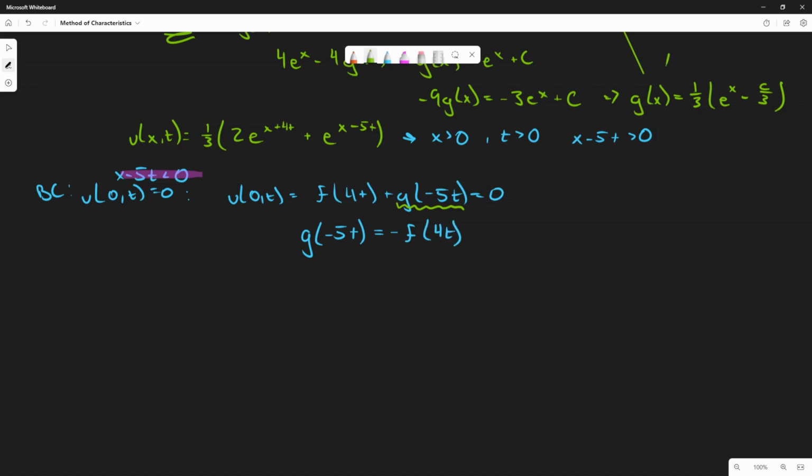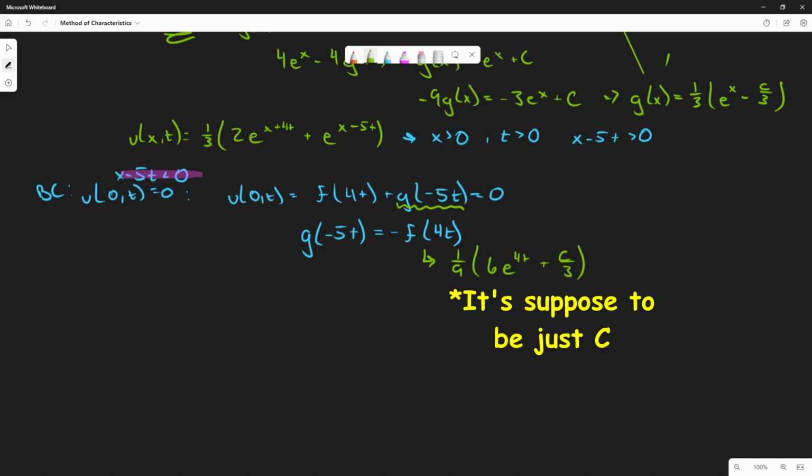And the nice thing about this is that we already know what f of 4t is. This is equal to 1/9 multiplied by 6e to the x plus 4t, but since x is 0, it would just be 4t, plus c over 3.